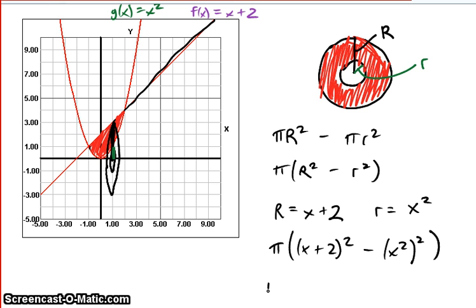We can clean this up a little bit: pi times x squared plus 4x plus 4 minus x to the 4th. It doesn't clean up all that nicely, really, but we can go back now to our other picture and put this into an integration problem.